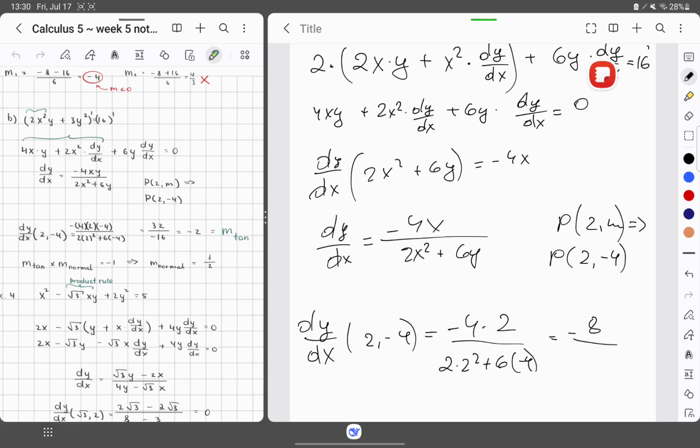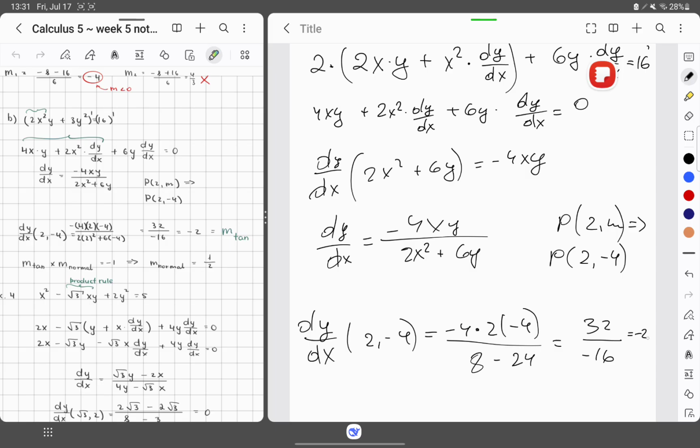Again, there's something I did a mistake on. Negative 4xy over 8 minus 6y. Yes, it's 6y. Yes, negative 24. It will be negative 16. 2 times 4 times 4, 6, 32.